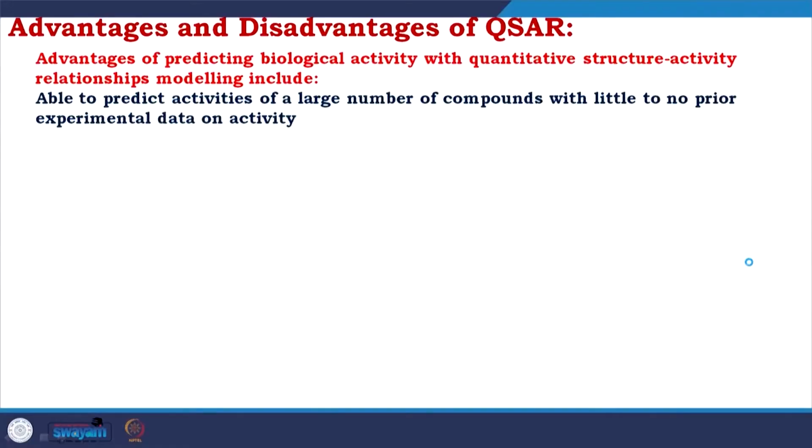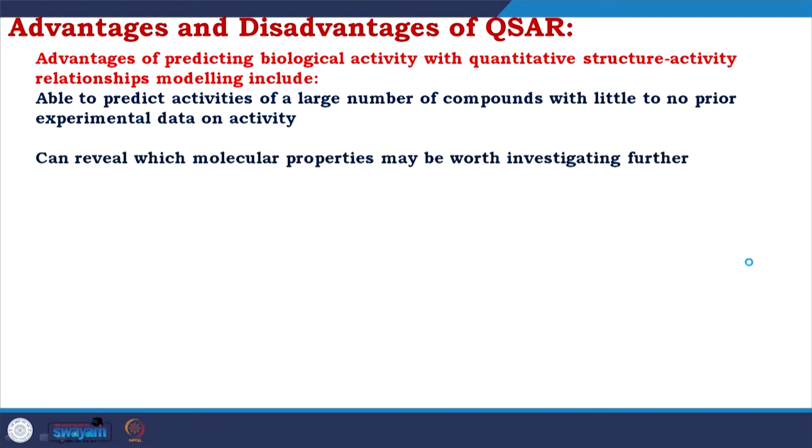So, using QSAR, it is possible to predict activities of a large number of compounds with little to no prior experimental data on activity, which is extremely beneficial towards drug development.